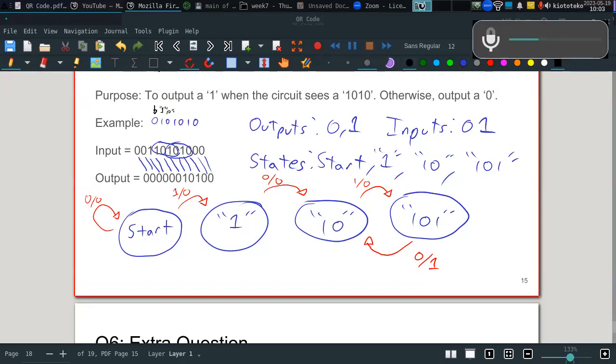And then you get a 1 and you are in 1, 0, 1. And then you get a 0 and you're in 1, 0, but you output a 1 here. And then you get a 1 and you're in 1, 0, 1. And then you get another 0 and you're back to 1, 0, but you output a 1, no? And that's how it should work.